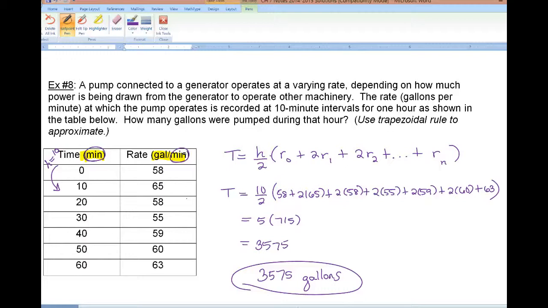Okay, so I wanted to show you there are two different ways to look at it. If this was seconds, you would divide by 60. But if this one was seconds and this was minutes, then you would multiply.